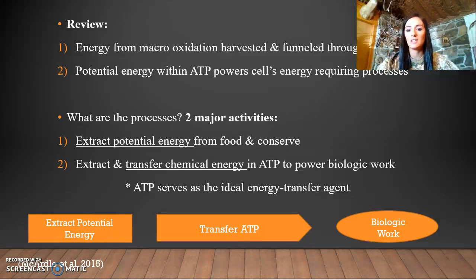There are two major activities within the cell. One, extract potential energy from food and conserve, and two, extract and transfer chemical energy in ATP to power biologic work. ATP serves as the ideal energy transfer agent. So extract potential energy, then transfer that energy into biologic work.